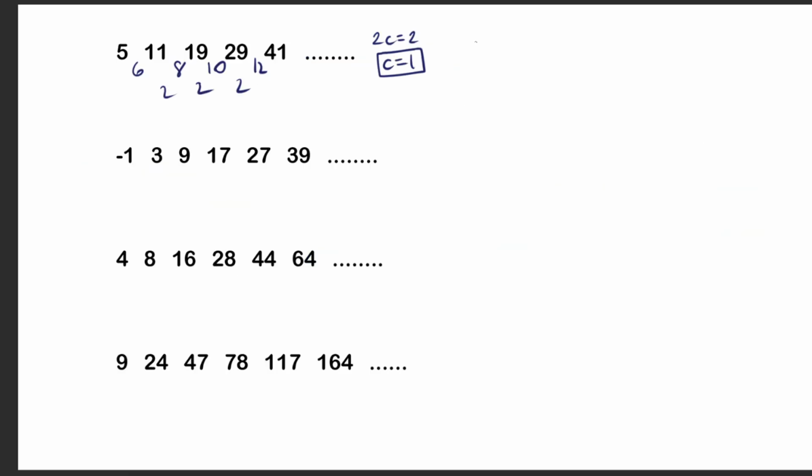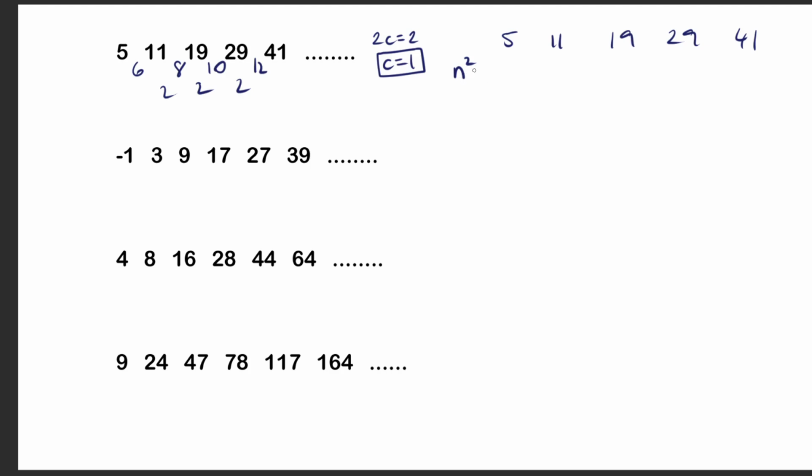So now our sequence is 5, 11, 19, 29, 41. Now imagine we know the formula has an n squared in it. So what we're going to do is work out the part of the formula with the n squareds, and then see what we've got missing that we still need to account for in our formula.